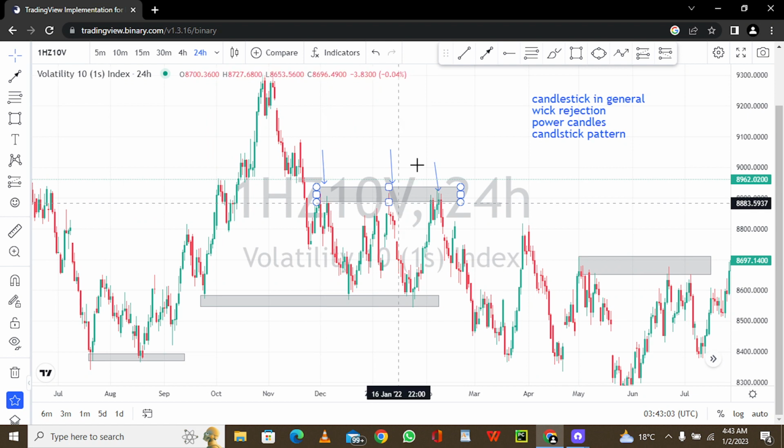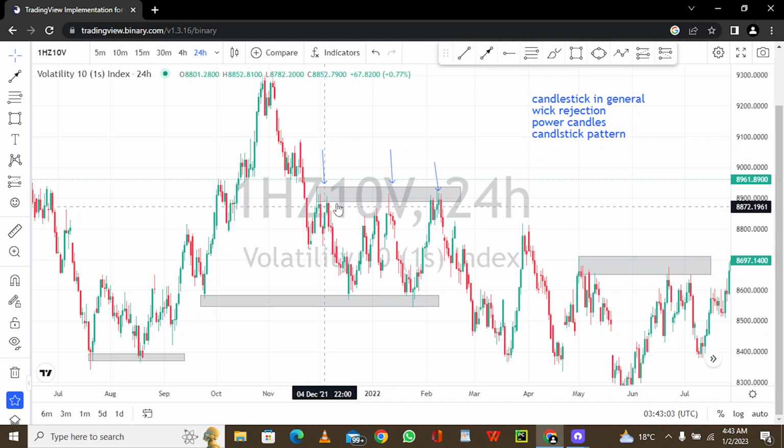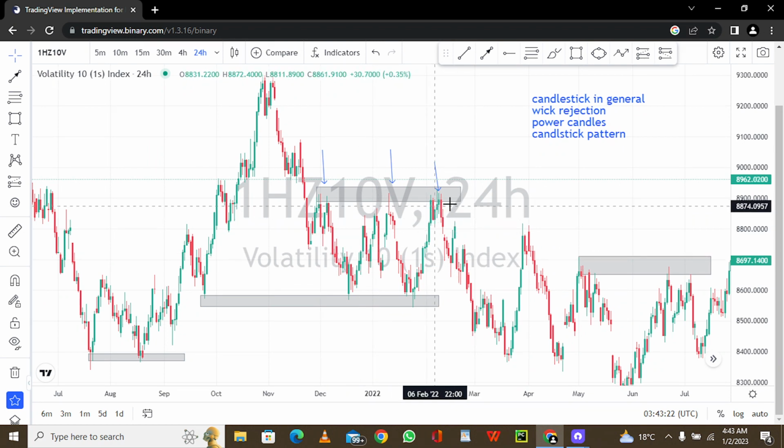The first importance of wick rejection is that it helps you to spot reversals. If a market is buying and it gets to a particular point, you begin to see wick rejection. What you should do as a trader, if you are buying that market and you are experiencing wick rejection, is think of taking your profit.